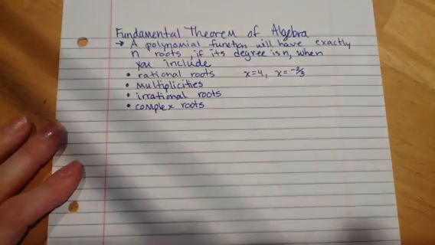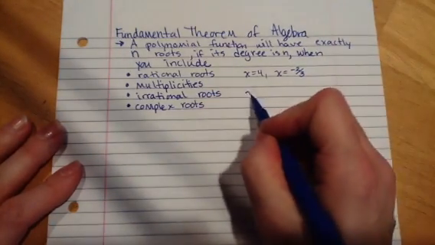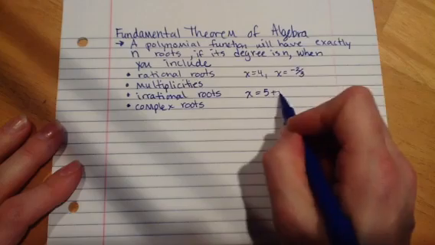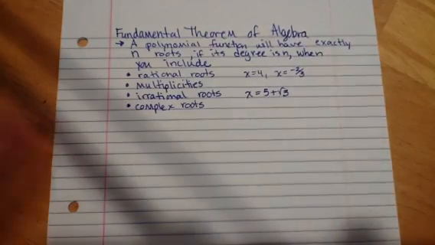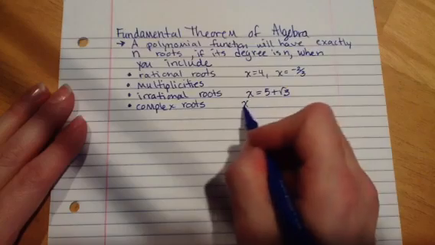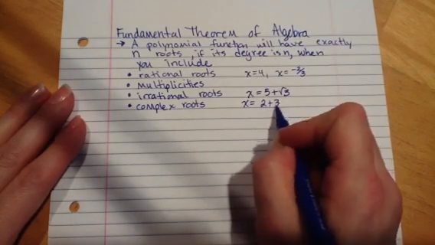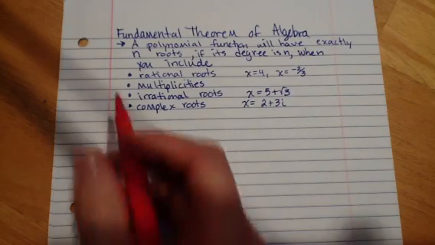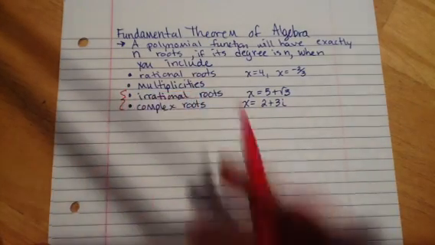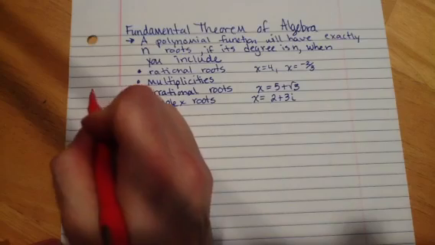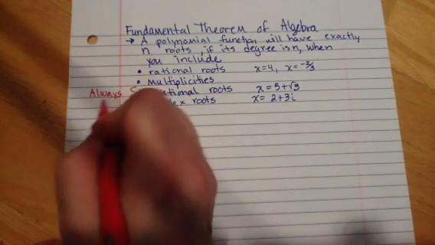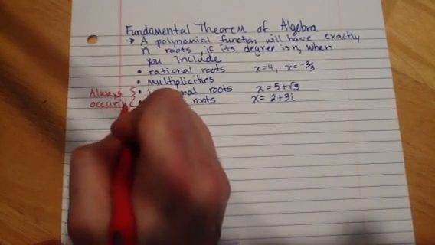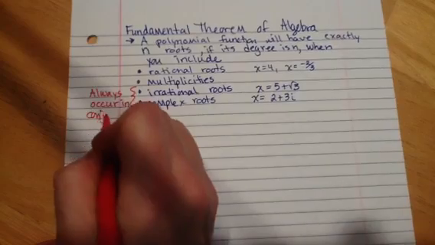Now, irrational roots are going to include things like x equals 5 plus the square root of 3, and complex roots will include roots like x equals 2 plus 3i. Now, there's an important thing to know about irrational and complex roots, and that is irrational and complex roots always occur in conjugate pairs.